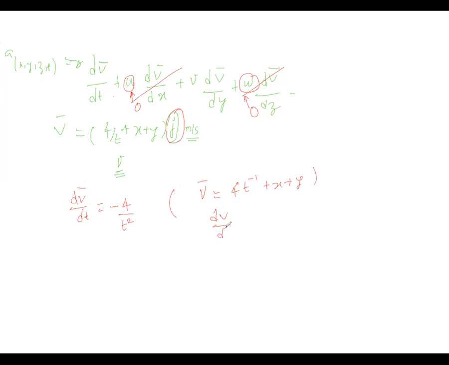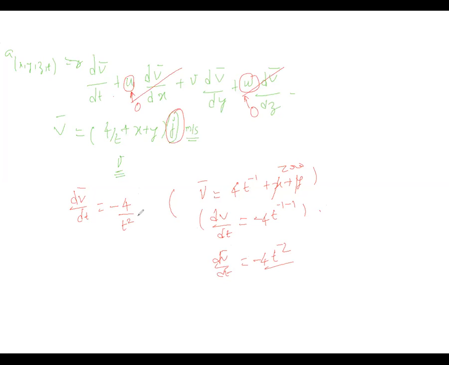Differentiating with respect to time, the constant is 0. So dv vector by dt equal to minus 4 by t square.